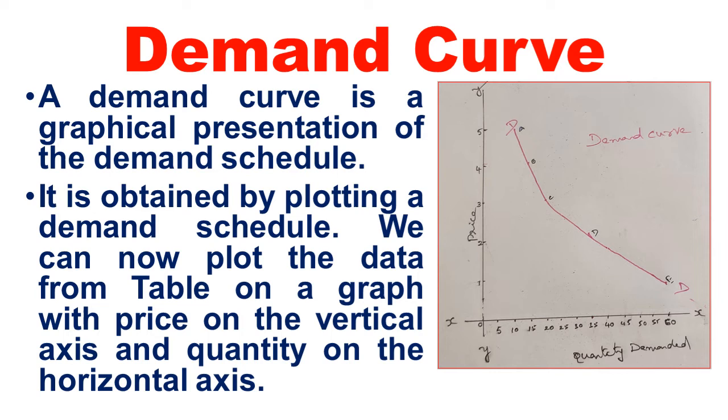You can remember, dear students, the demand curve always slopes downward from left to right. It is because of the inverse relationship, as we have stated under the law of demand, when all other things remain constant, quantity will increase as the price reduces, and vice versa. That can be observed from the demand curve.